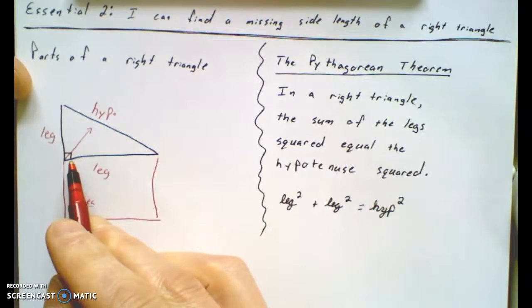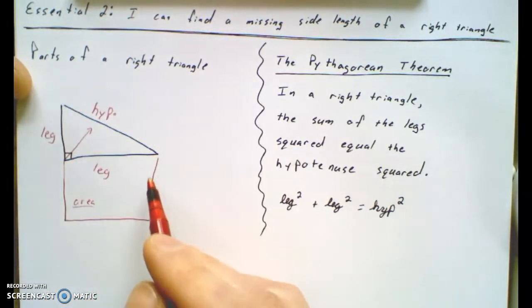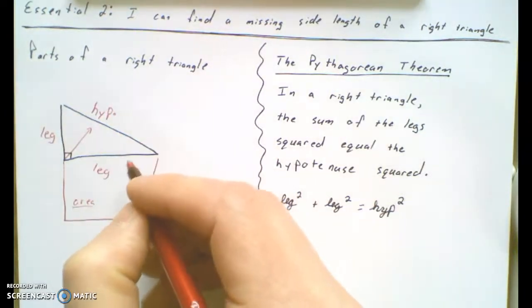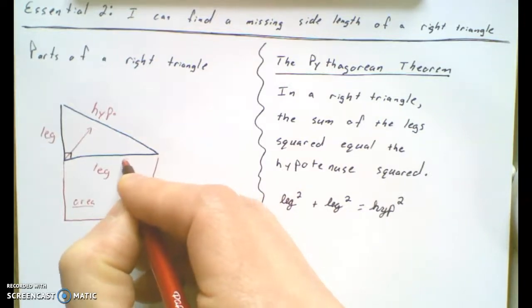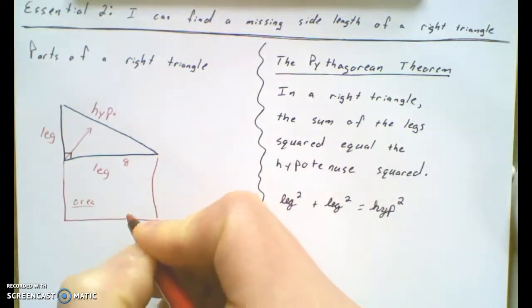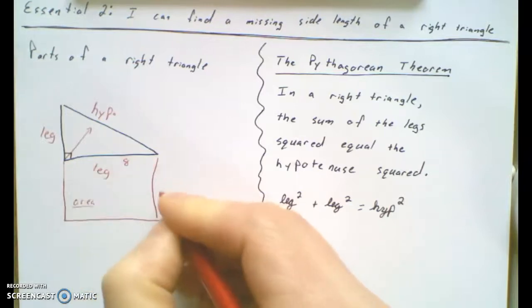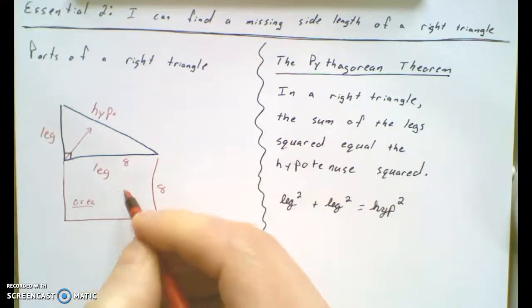So in this case, since we're just calling this the leg, let's just put a number on here to help us think it through, like in the last video. Let's say this leg was 8. If we make this squared, we know squares have the same side length. So if this is 8, this one's 8, this is 8, that's 8, they're all 8, because it's a square.